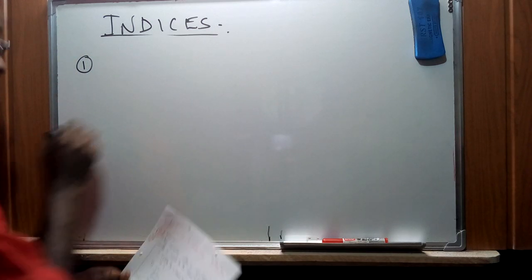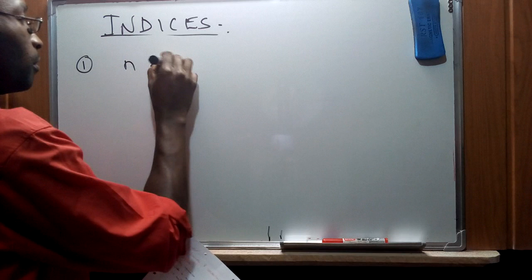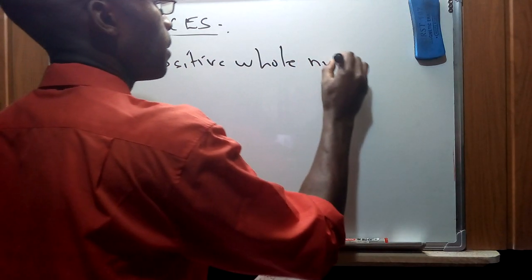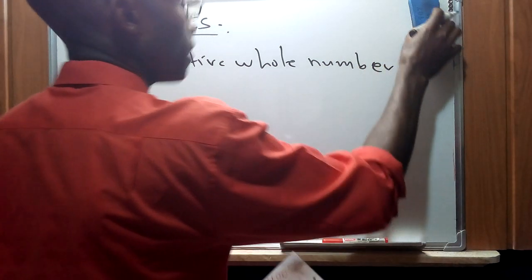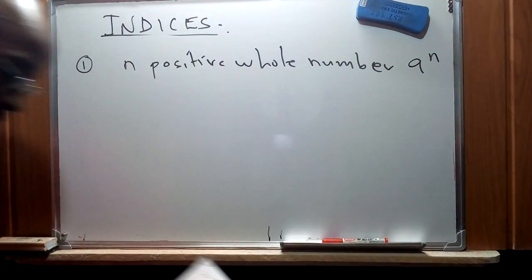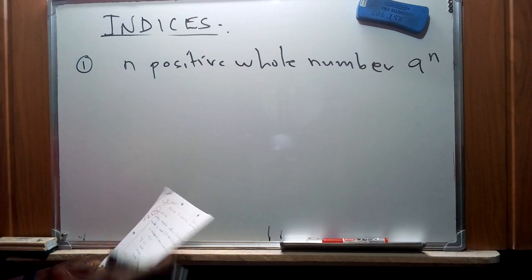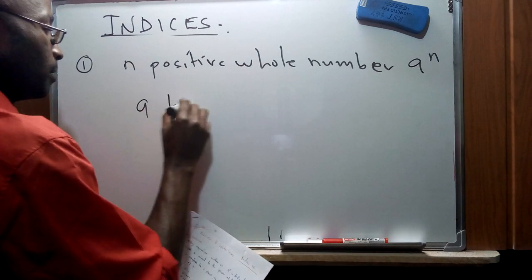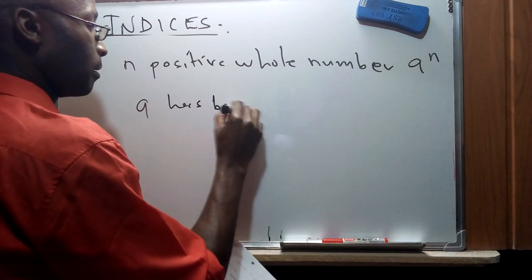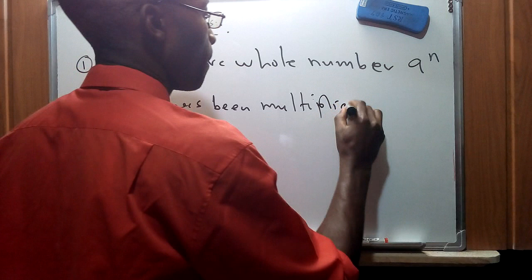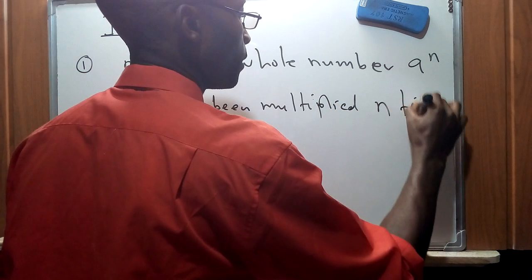when n is a positive whole number, for an expression written as a raised to power n, this implies that a has been multiplied n times.